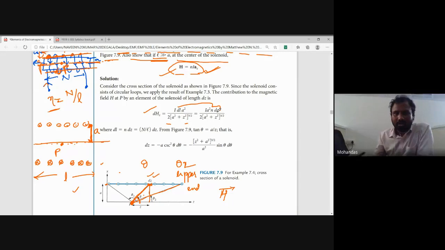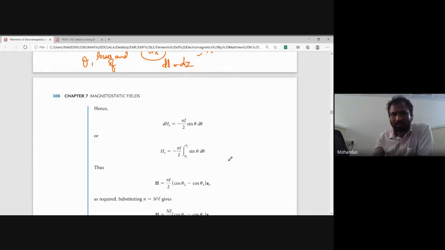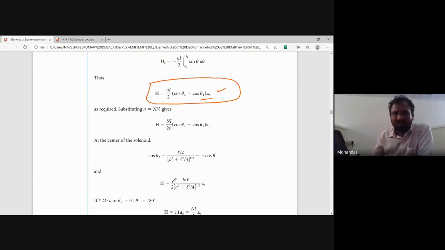Next, initially we discussed what is the n here? n equal to N by L, total number of turns by L. Then finally, this is the answer which you have got: H equal to n I by 2 (cos theta 2 minus cos theta 1) in the direction of Az, where n equal to N by L.